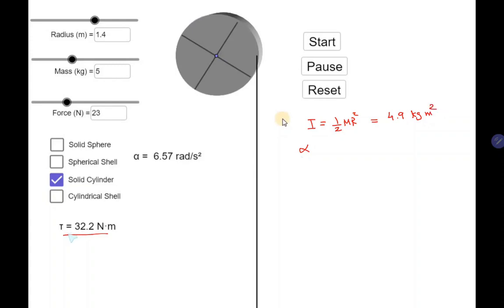It's equal to 32.2 for all types of pulleys. Alpha in this case is equal to net torque divided by I, which is 6.57 rad per second square.